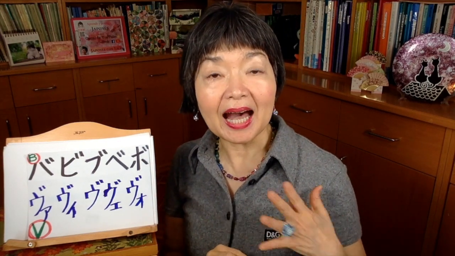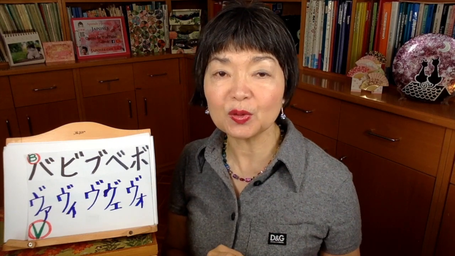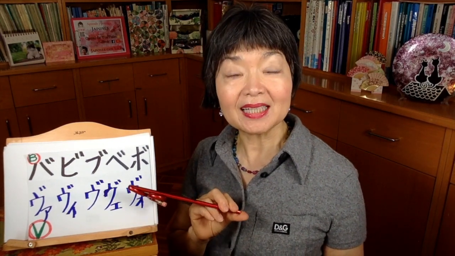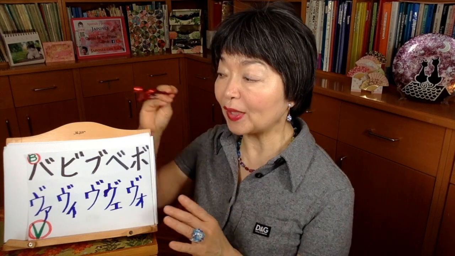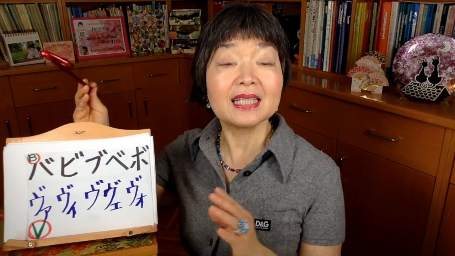But anyway, in our Japanese language, we don't have this kind of sound. So if you write with ba bi bu be bo, it's still okay, because for Japanese people there's no difference between b and v.